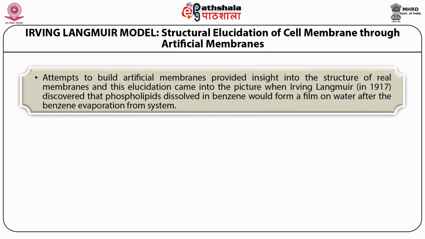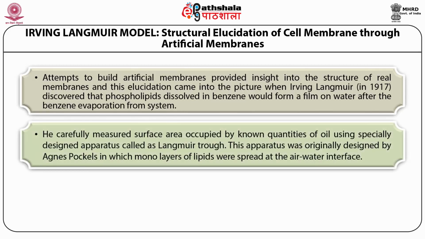Attempts to build artificial membranes provided insight into the structure of real membranes, and this elucidation came into the picture when Irving Langmuir in 1917 discovered that phospholipids dissolved in benzene would form a film on water after the benzene evaporated from the system. He carefully measured the surface area occupied by known quantities of oil using a specially designed apparatus called the Langmuir trough.